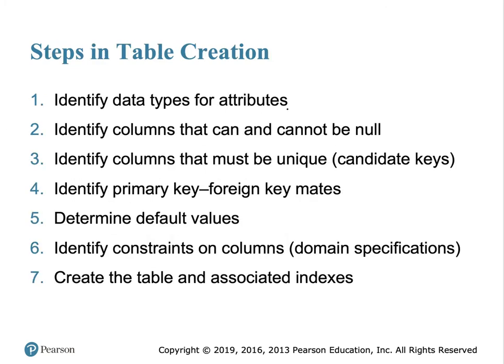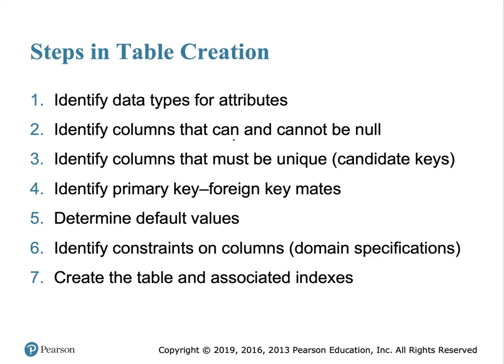So in terms of table creation, again, I know this is review, but it's a good place to make sure everybody tries to connect the dots between what you've done on paper and what you might do with that create statement. Of course, when we're thinking about creating tables, we need to identify the data types for all of our attributes. We've discussed this before, varchars versus numbers and so forth. Also, we need to think about which columns can and cannot be null.